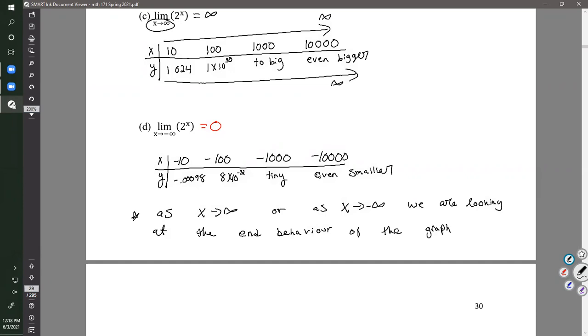So a nifty way to word this on the test would be, hey, what is the end behavior of such and such? And I'm really just looking for you to take the limit as it goes to infinity. Any questions about that? All right.